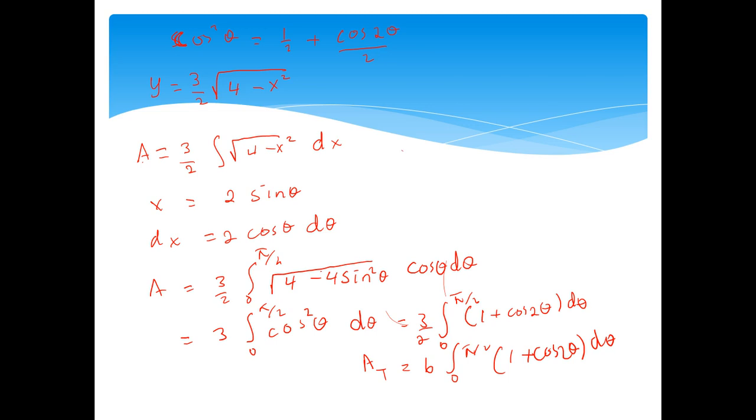That should give you 6 times theta plus sine 2 theta divided by 2, evaluated at 0 to pi over 2. That would give you 6 pi square units.